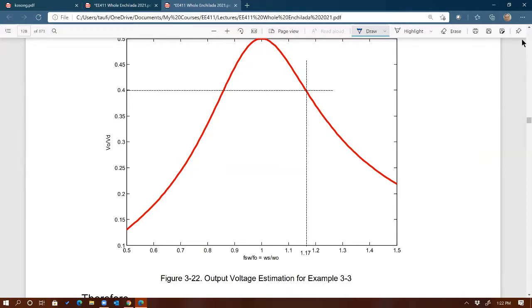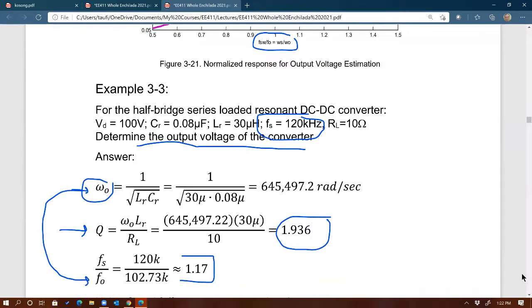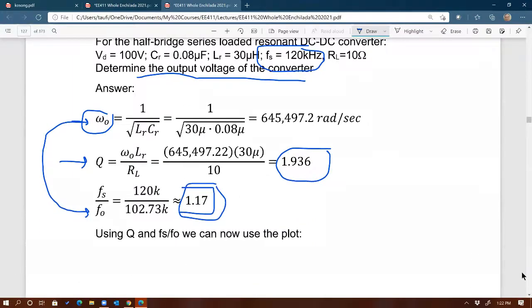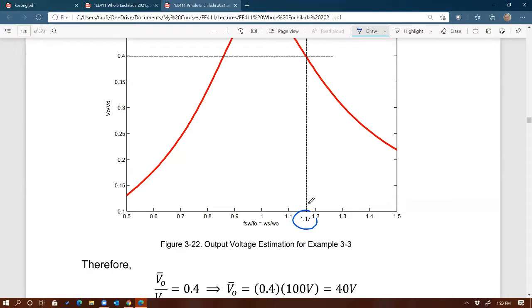We are looking specifically for what ratio? 1.17. So 1.17, that's the ratio I'm looking for, right there. If I draw a straight line up until it intersects with the Q curve, and then draw a line straight across, approximately it is going to be 0.4 for the ratio.